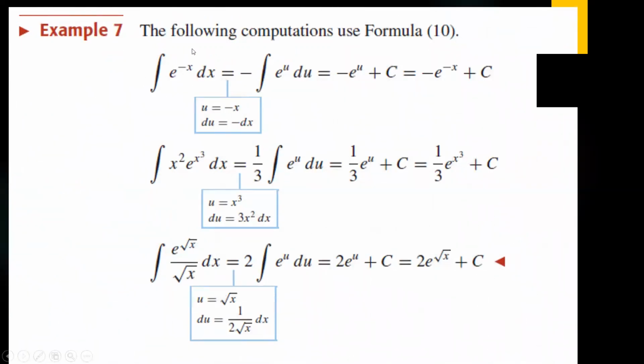Let's remember the first step. If you want to find the integration of e to the power x, it's e to the power x plus c. But if you have e to the power u, anything but not x, you have to suppose that u is negative x, so you have to find du, which is negative dx.